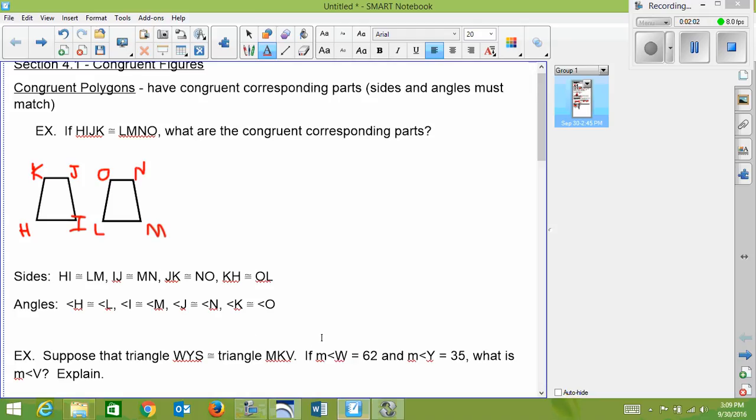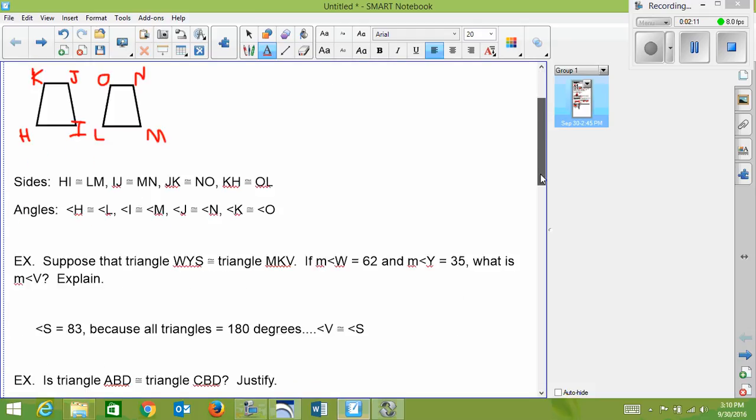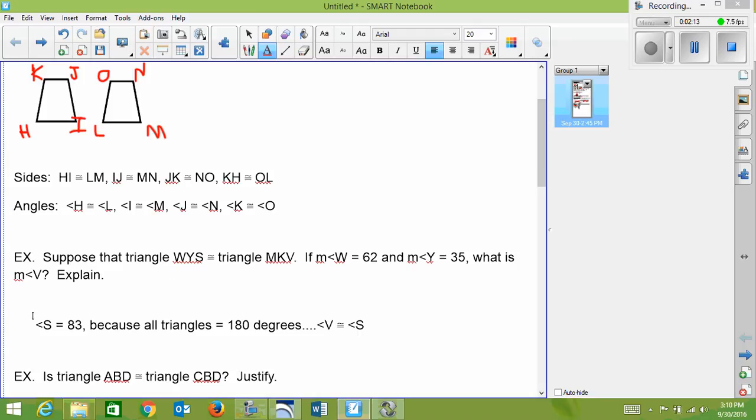So the first thing you would have to do is add up your W and your Y to see what's left for S. 62 plus 35 is 97, and if you subtract that from 180, you get 83 degrees for S. And because S corresponds with V, V is congruent to S. So V would also be 83 degrees.